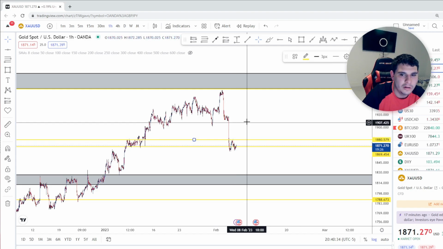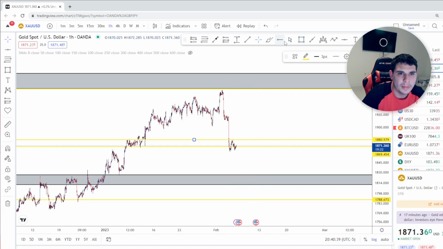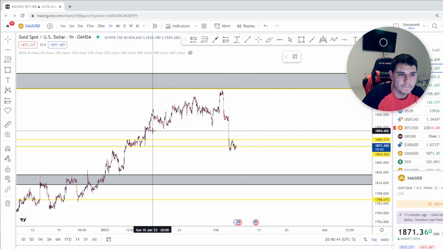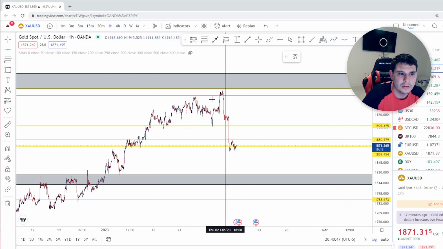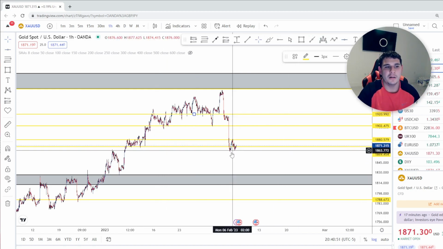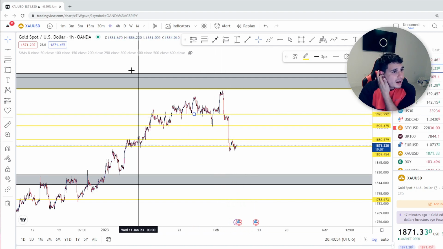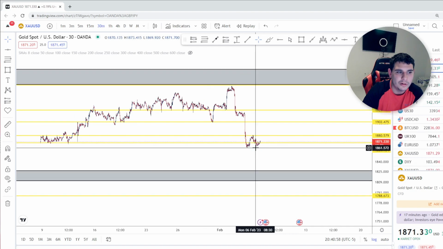Right around here, nice little area of resistance there. Over here. There. So now that I've got my areas of support and resistance on the higher time frames, I'm going to go to the 30-minute time frame and start using the horizontal ray, right?